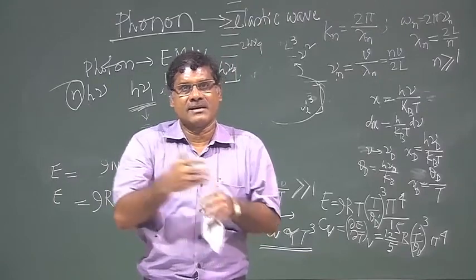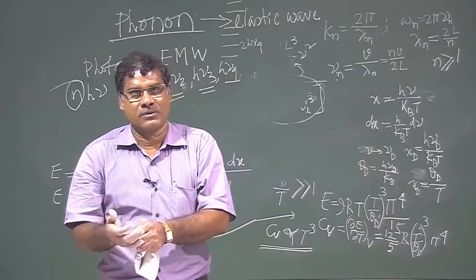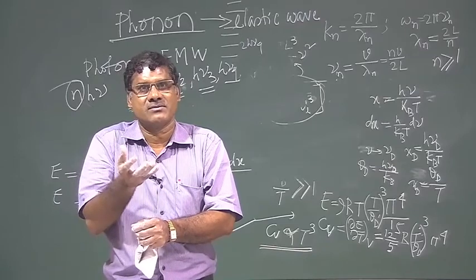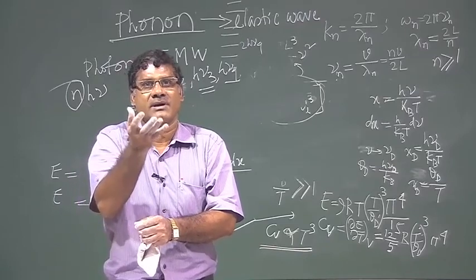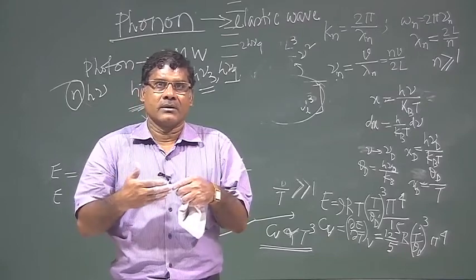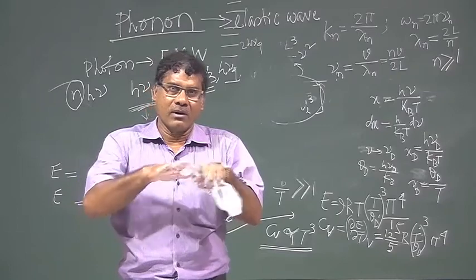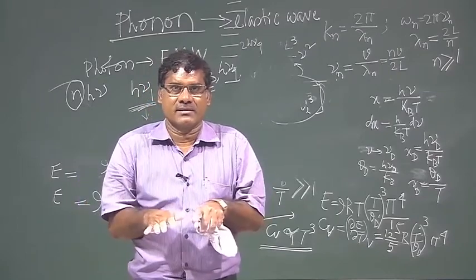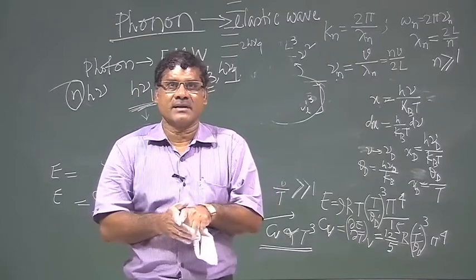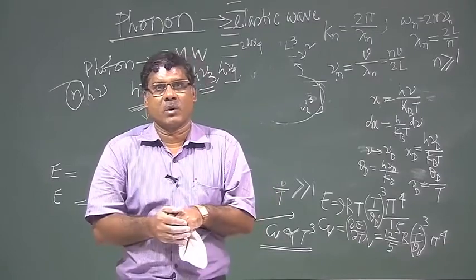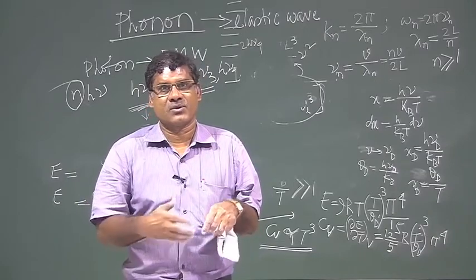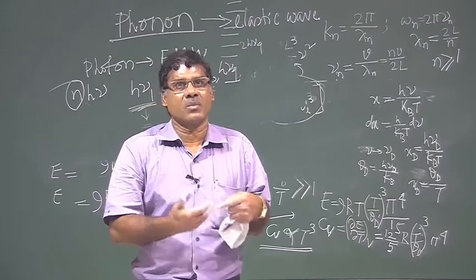And there is another phonon for another mode: h nu 2, 2 h nu 2, 3 h nu 2, etc. So, it depends. If all modes are in ground state, that means the system has 3n phonons having the lowest energy. So, each elastic wave is 1 phonon.